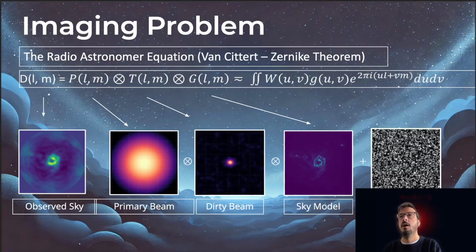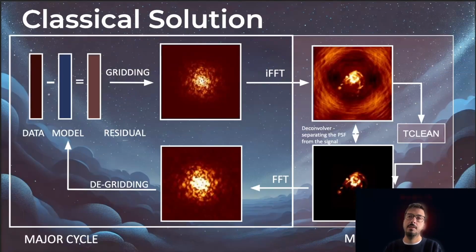Of course, you also have several noise components, the atmosphere, the readout noise and so forth. This problem is classically attacked through iterative methods that try to separate the underlying signal from the PSF of the instrument, going back and forth between the UV plane and the image plane.